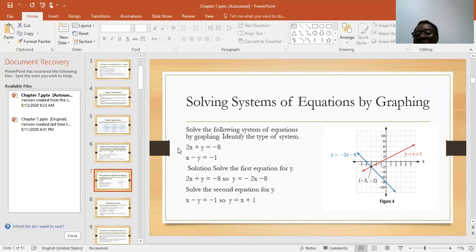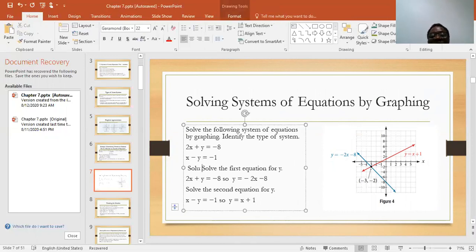So we can look at the graph here of 2 equations, 2x plus y equals minus 8 and x minus y equals minus 1. To use substitution, we will solve the first equation for y in terms of x, and we will have y equals negative 2x minus 8, and then replace it in the second equation.